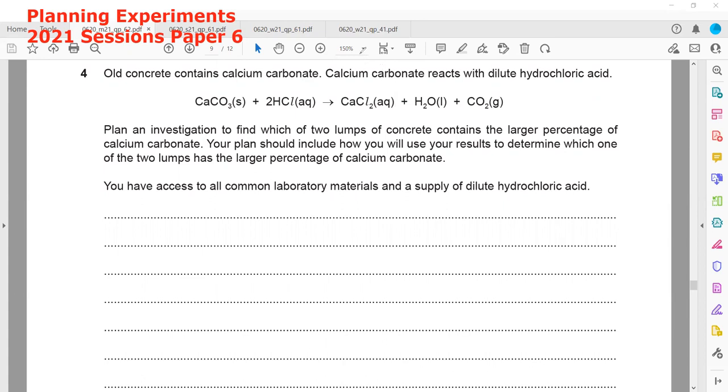Your plan should include how you'll use your results to determine which one has the larger percentage. You have access to all common lab apparatus and a supply of dilute hydrochloric acid.